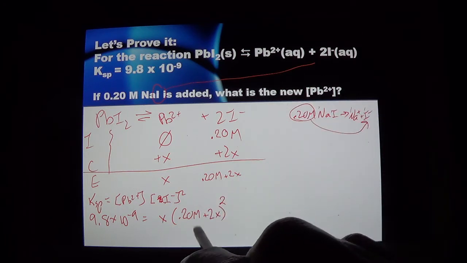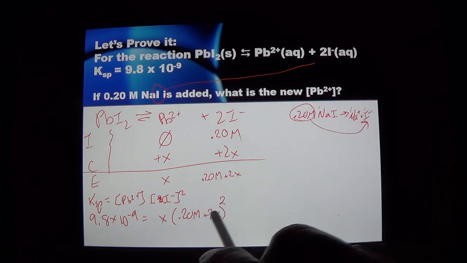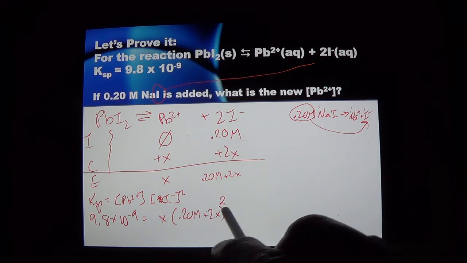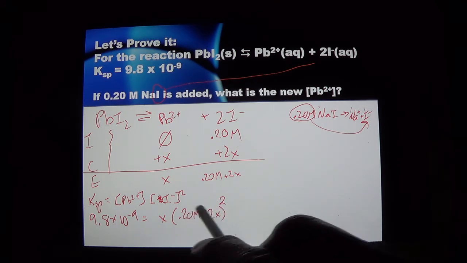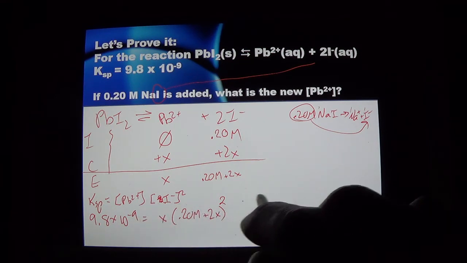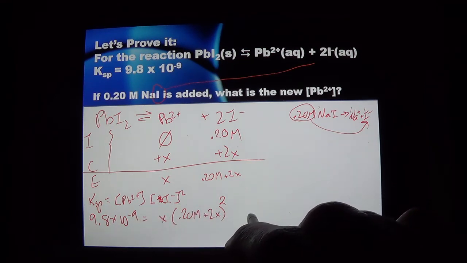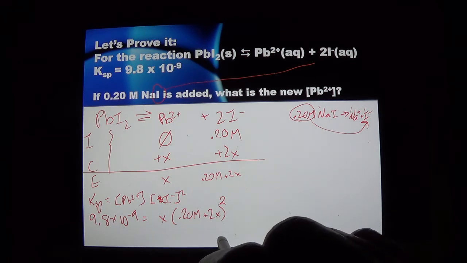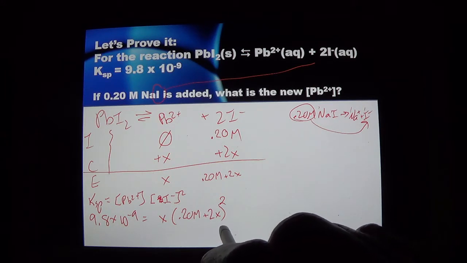So to solve this, I'm going to have to FOIL and distribute that 2, square this, square that, inside terms, outside terms. Lots of fun there. Then I actually work another x through all that. So I'm going to end up with an x to the 3rd in there. So this is going to get complex super fast. We would need something even more than the quadratic equation to solve it.